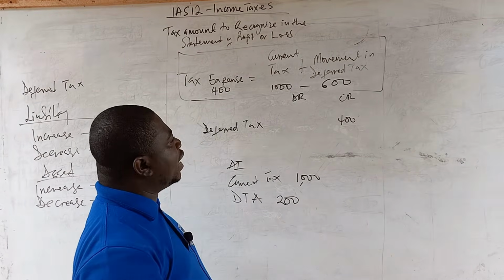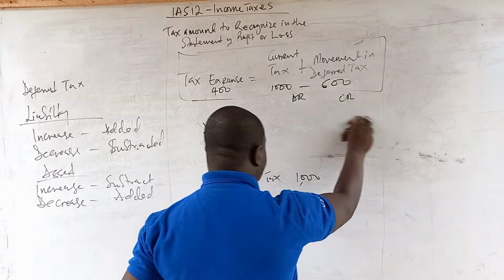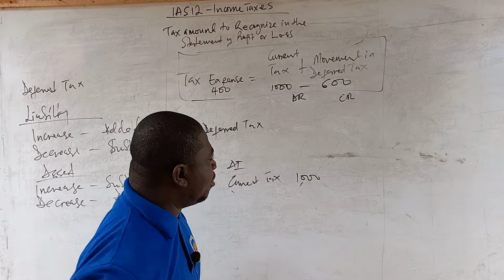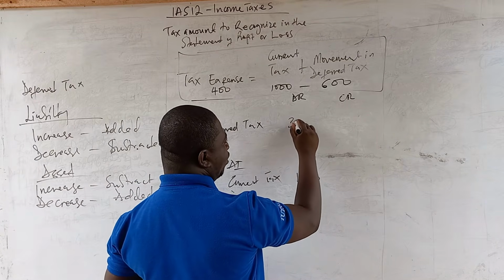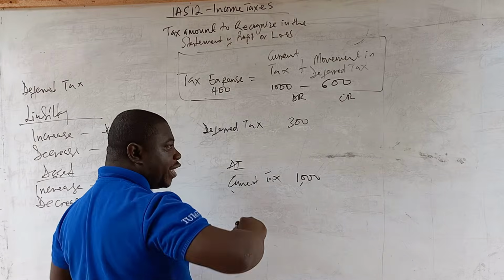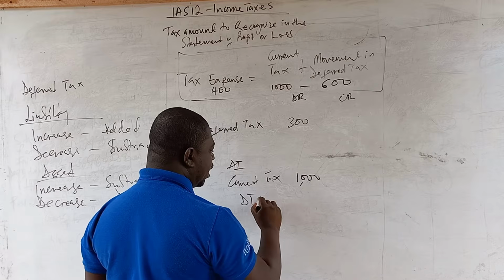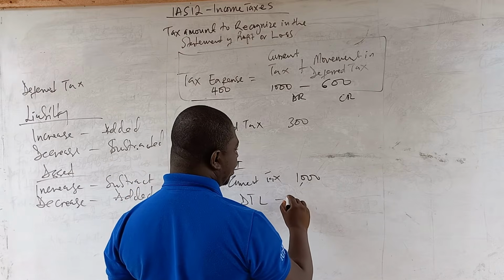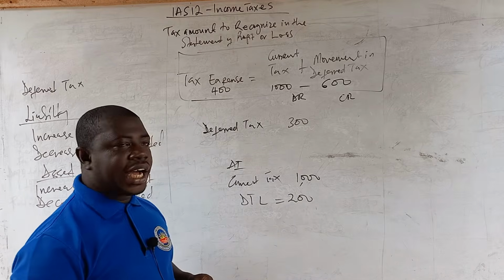Let us also look at the case where we started from an asset and ended up at a liability. So let's assume that this time the opening balance was a deferred tax asset of 300, and then we ended up at a deferred tax liability of, let's say, 200. Now let's look at the movement.